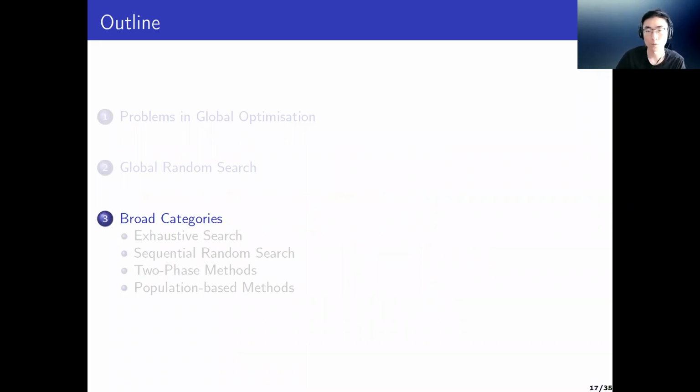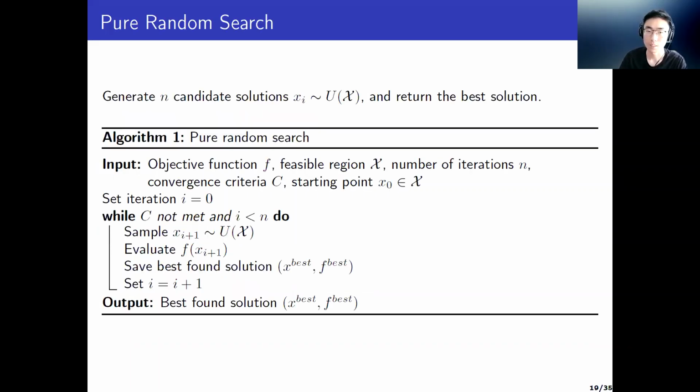Next, we talk about a category of global random search called exhaustive search. The idea is that we test each possibility in order to determine the best solution. It is an exhaustive examination of all possibilities. We discussed a very simple global random search algorithm called the pure random search.